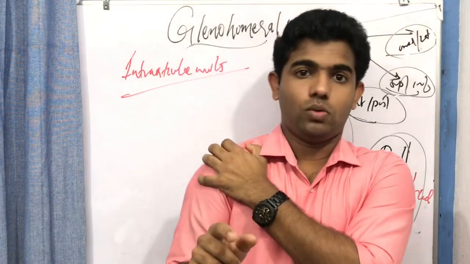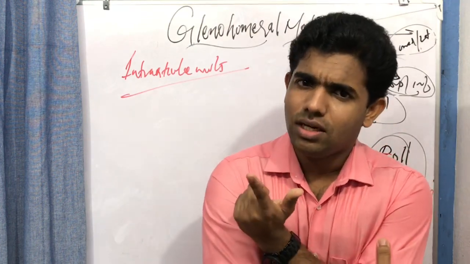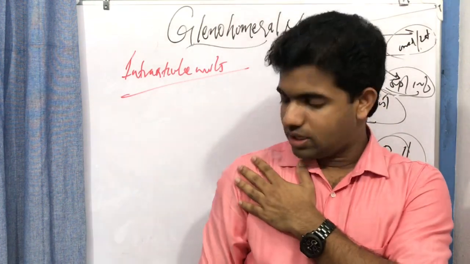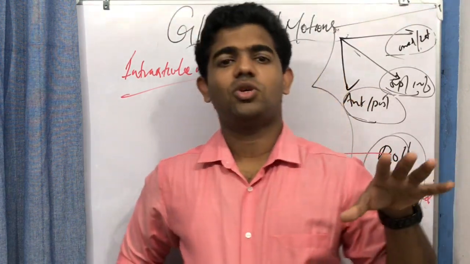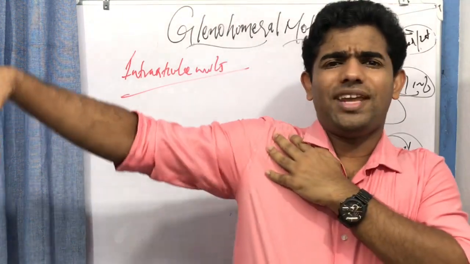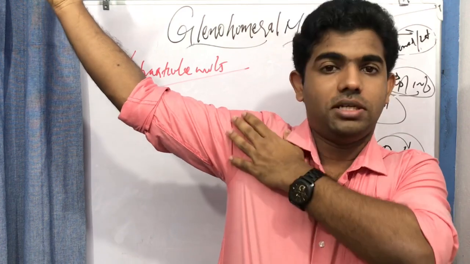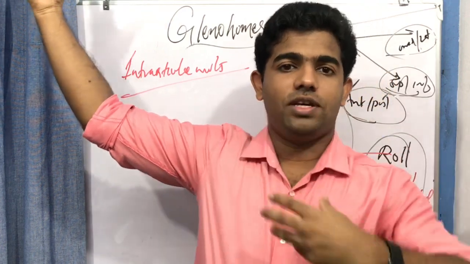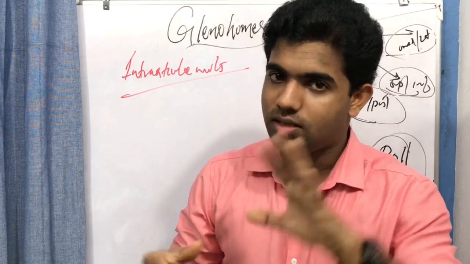Now, to add on to this one, I would like to tell you that the glenohumeral joint capsule has some role in the glenohumeral joint motion. How is that? The capsule, during the initial degrees of range of motion, has no role. But when it reaches the extremes of range of motion, the anterior, posterior, superior, inferior aspects of the capsule get tight. Then the capsule restricts the range of motion.